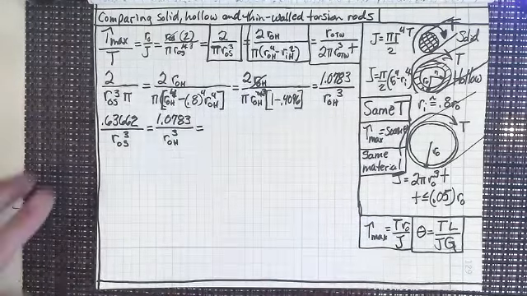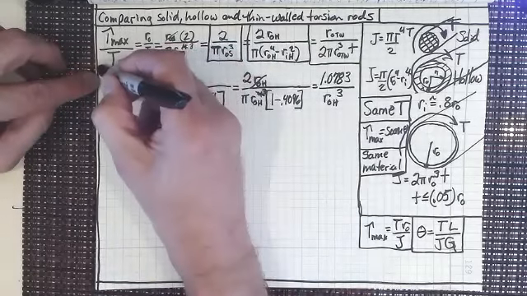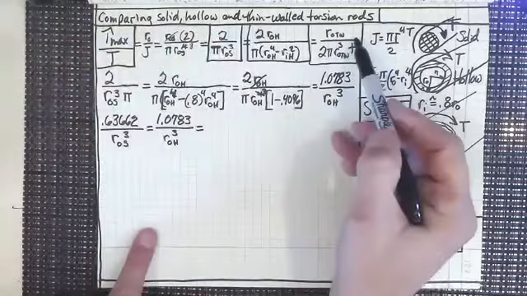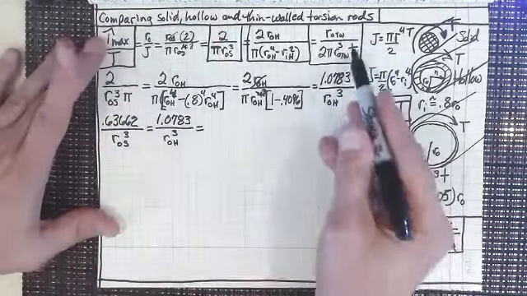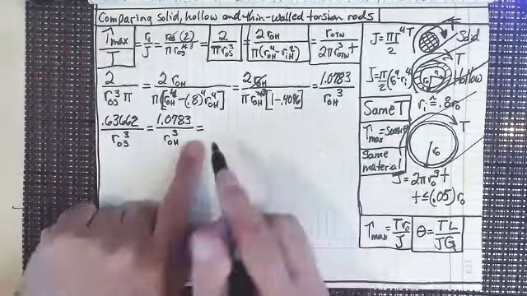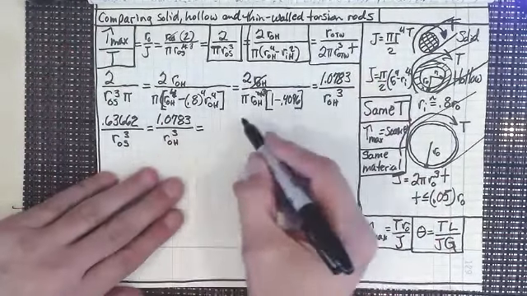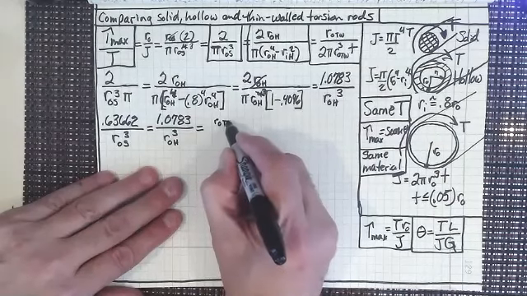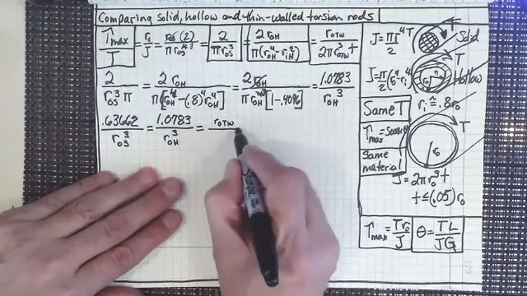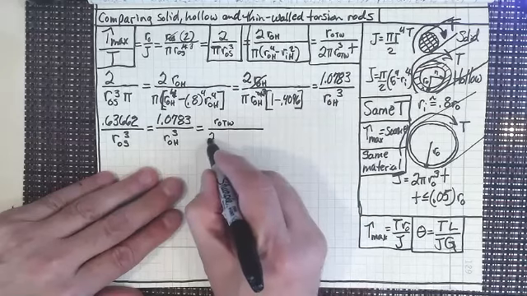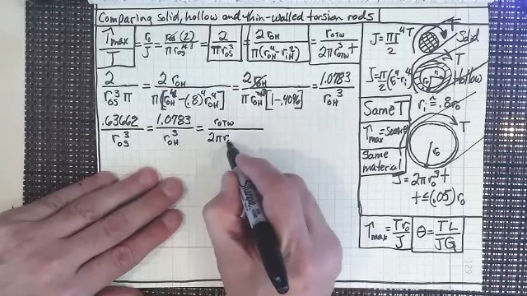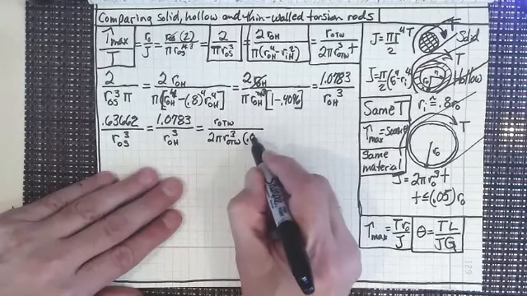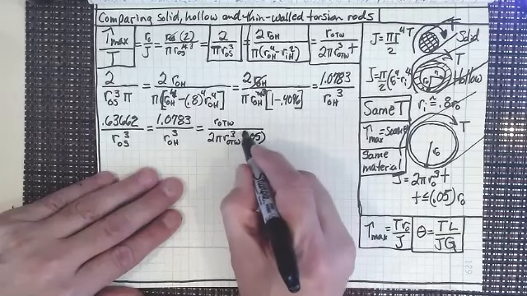And then we're still working on this idea here where we're comparing the maximum here divided by t. And so we're going to be looking at this one too. And, you know, just going along here. So this gives me r outer of the thin-walled divided by 2 pi times r outer of the thin-walled cubed times 0.05, right?